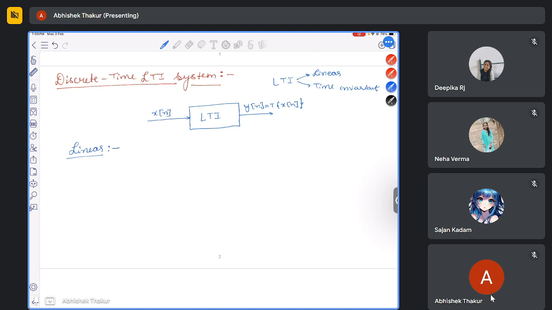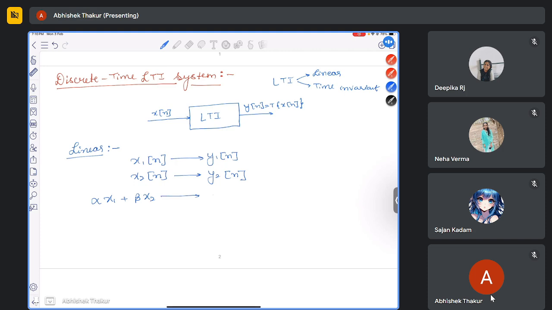Let's suppose the input x1[n] passed to the linear system gives the output y1[n], and if x2[n] gives the output y2[n], then when alpha x1 plus beta x2 is passed to a linear system, what will be the output?